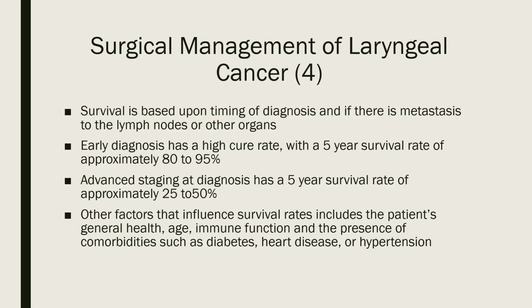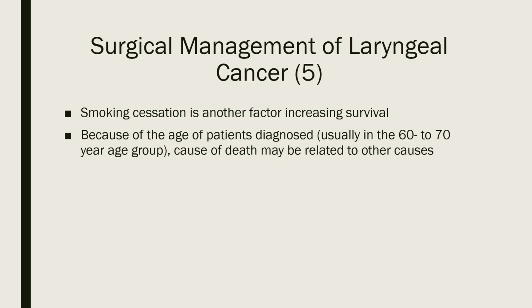Other factors that will influence survival rates will include the patient's general health, age, immune function, and the presence of comorbidities such as diabetes, heart disease, or hypertension. Smoking cessation is another factor that will increase survival. Because of the age of patients diagnosed, usually in the 60 to 70-year age group, cause of death may be related to causes other than the laryngeal cancer.